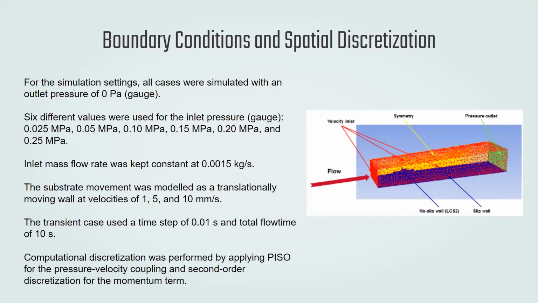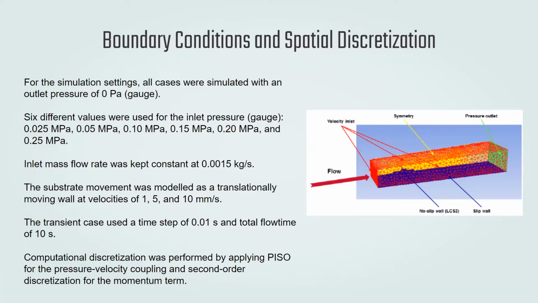6 different values were used for the inlet pressure gauge. Also, this is a gauge pressure also. 0.025 megapascal, 0.05 until 0.25 megapascal. So the inlet pressure has been set to be at a minimum of 0.025 above the atmospheric pressure, and at maximum 0.25 megapascals above the atmospheric pressure.